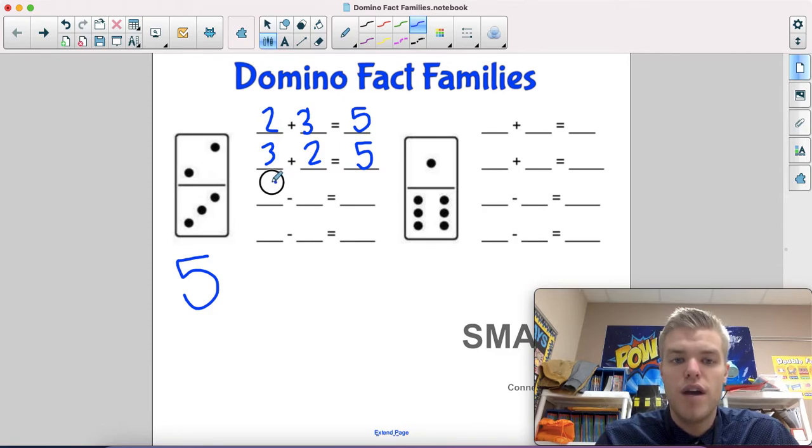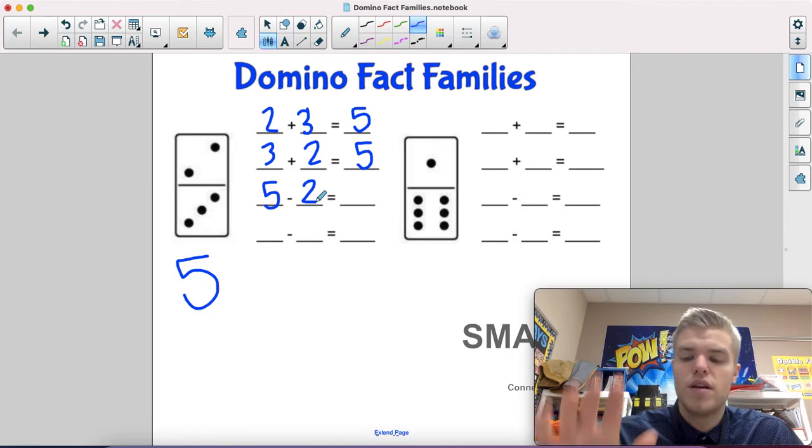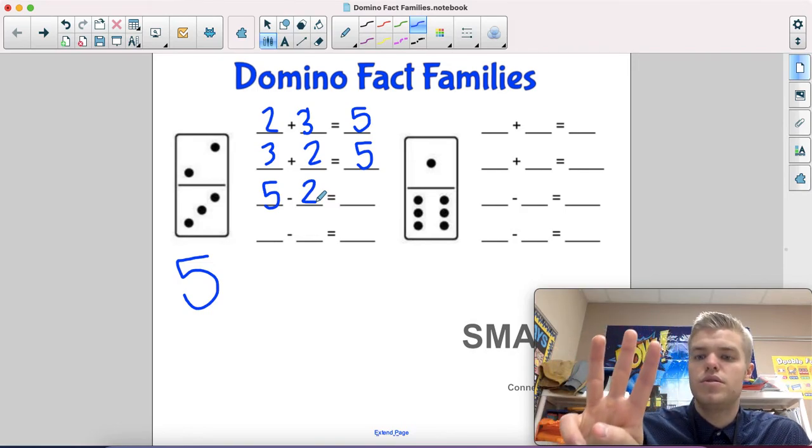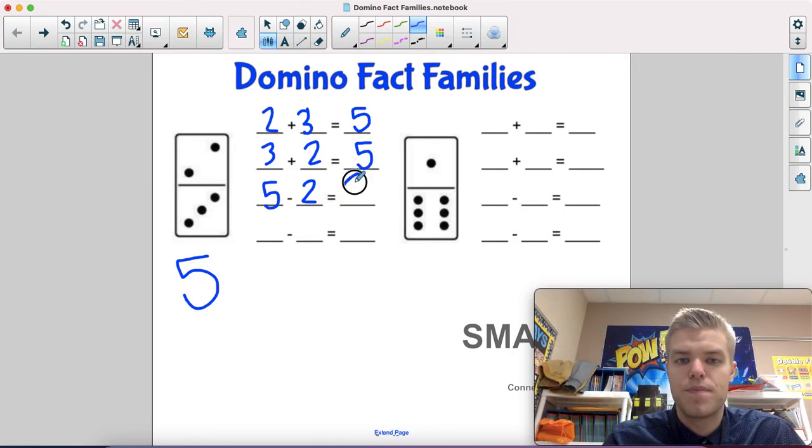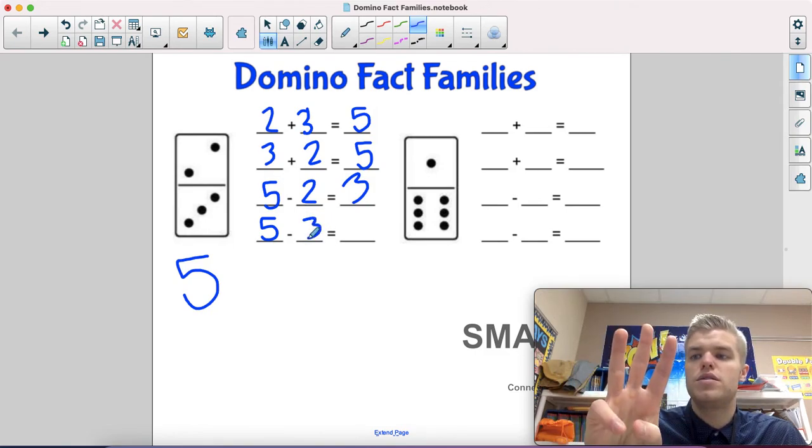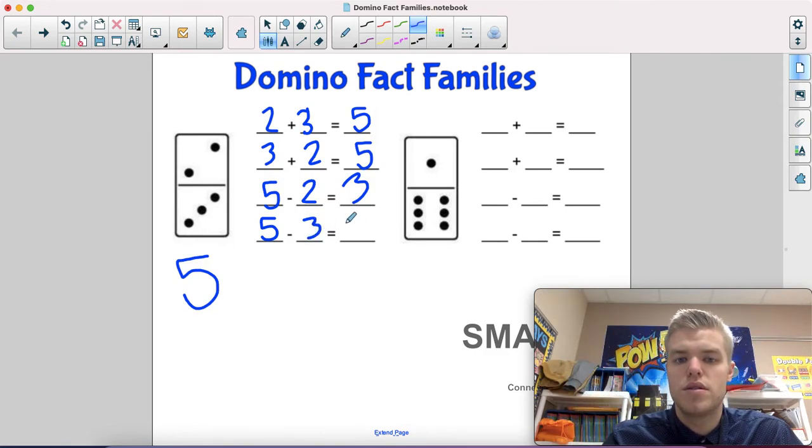So we're going to start with our 5, and then let's start with our 2. 5, take away 2, 1, 2, gives us 3. I'm going to start with my 5 again, and we're going to flip these two numbers. So 5, take away 1, 2, 3 equals 2. And we just finished that one.